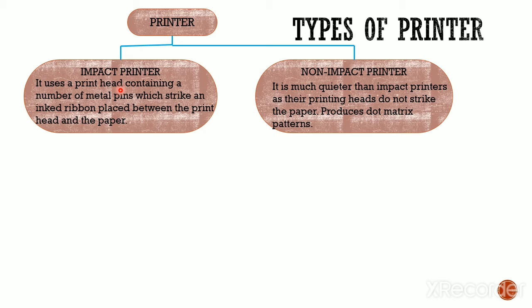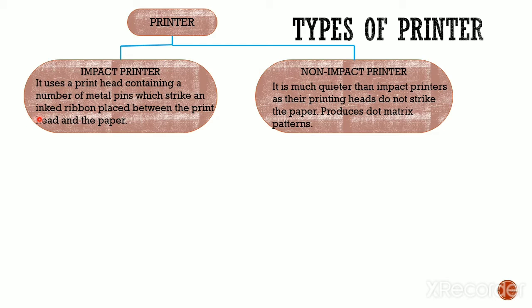It uses a print head containing a number of metal pins which strike an inked ribbon placed between the print head and the paper. Okay, you place the paper between the print head and the ink ribbon. Once the keys are typed and the printer is given a print command, it will start striking the inked ribbon.